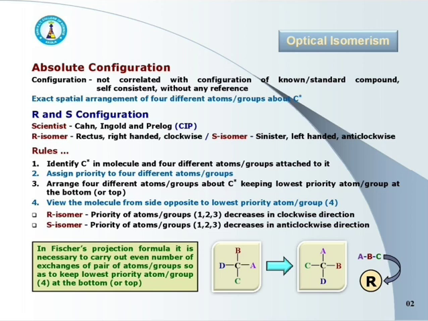See the representation given here. The central C atom has four different groups attached to it. These groups are A, B, C and D. Consider A as the first priority group, B as second, C the third and D as the fourth or last priority group. Now we have to bring the lowest priority group, that is D, to the bottom.